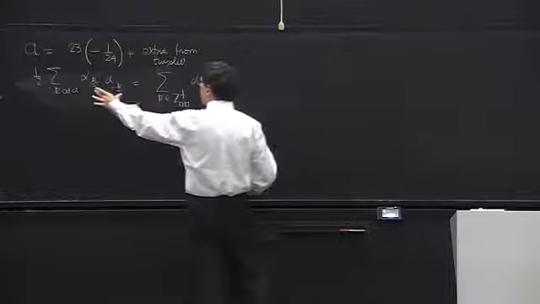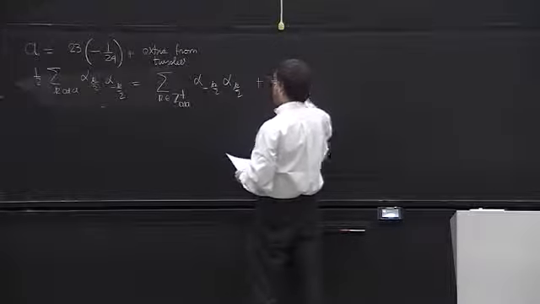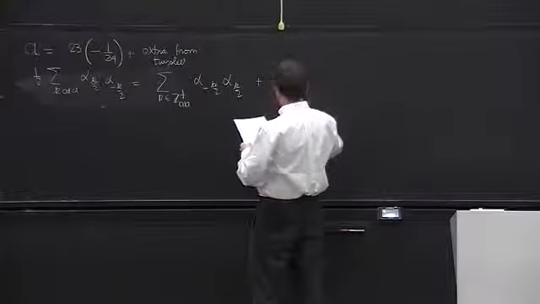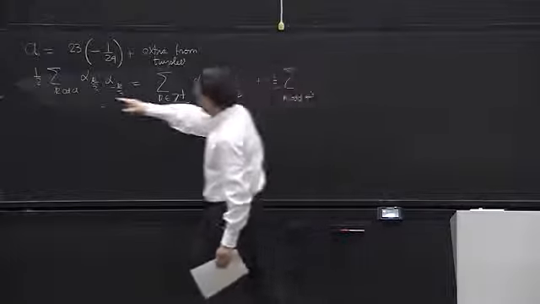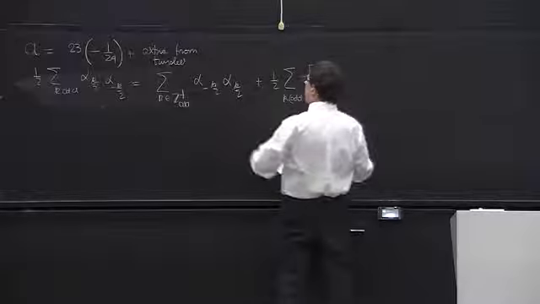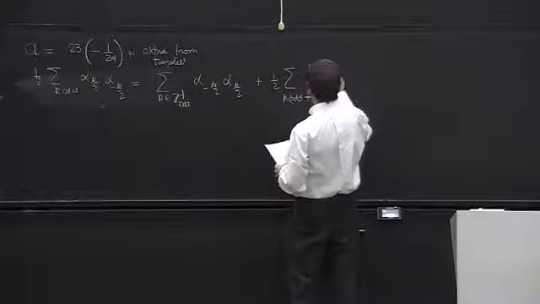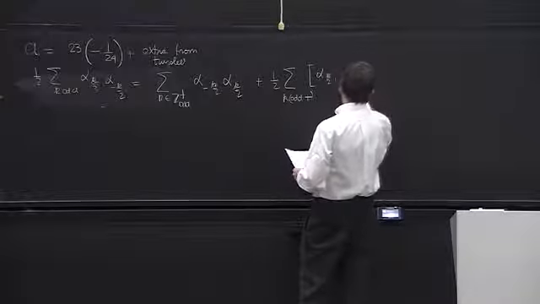And then the ones that we have to order here are plus 1/2 the k odd and positive. Those are the ones that are badly ordered. So for them to contribute to this, you have to do the commutator of alpha k over 2 with alpha minus k over 2.